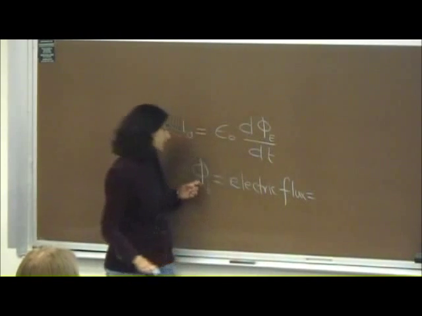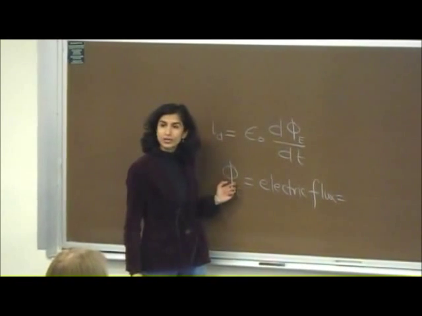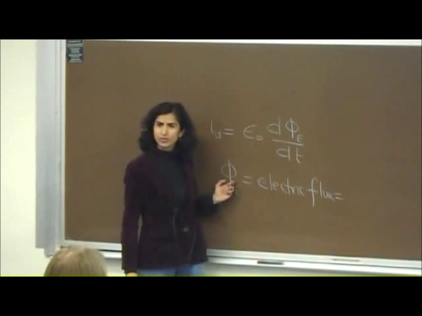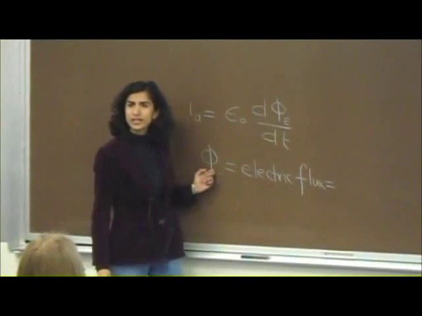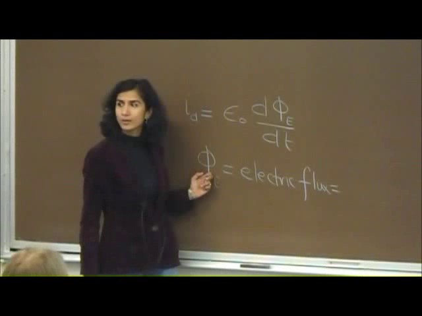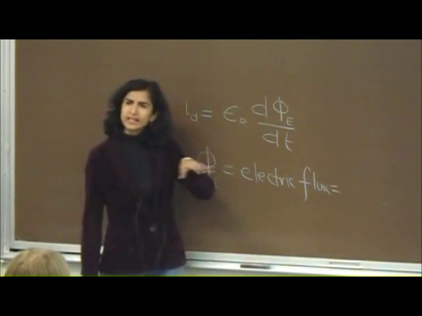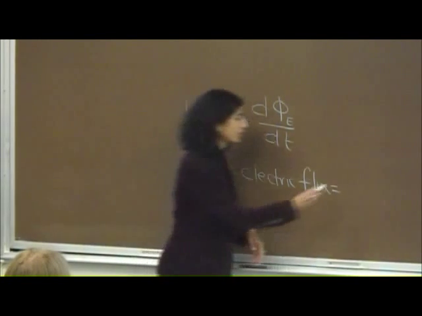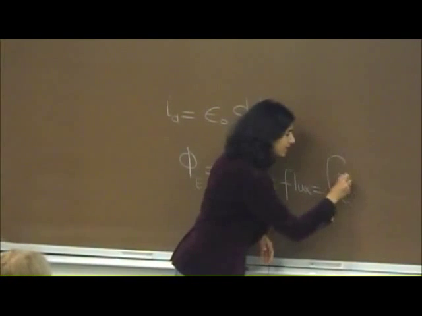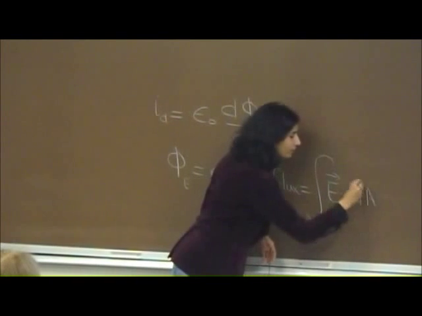Does anybody remember what is the definition of electric flux? You know this from Gauss's law also. Who wants to tell me the definition of electric flux? It's the total number of electric field lines that are going through an area. So it's going to be integral E dot dA, right?